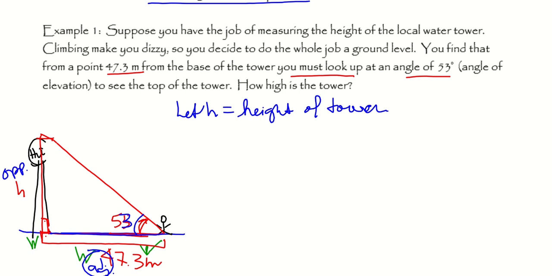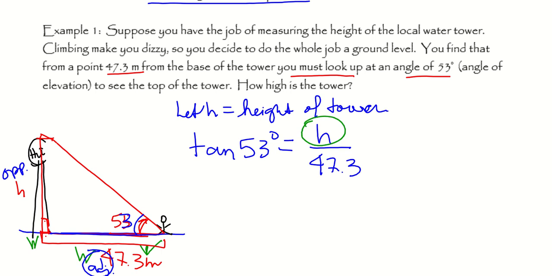Well, that would be tangent. So the tangent of my angle, 53 degrees, will equal its opposite side, the unknown height, divided by the adjacent side, 47.3. My job is to solve this equation for H.